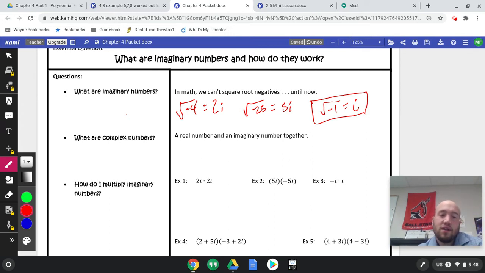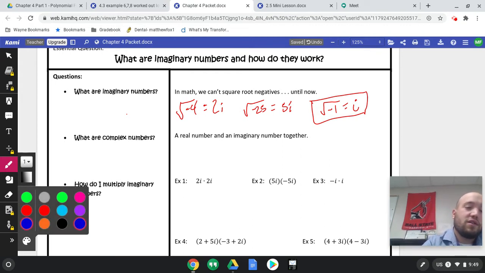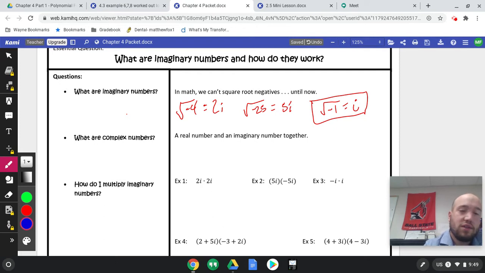Now, these are known as our imaginary numbers, but sometimes they are known as our complex numbers. Complex numbers occur when there's a real number and an imaginary number together. So something like 2 plus 5i. Do you see how there's a real number, the 2, and it's added with the 5i?